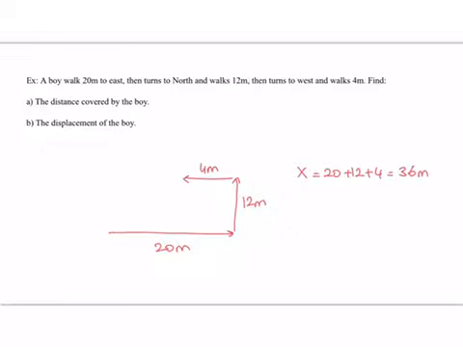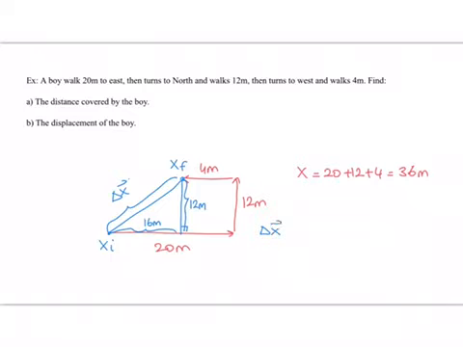For the displacement, let's set the initial and the final positions, and this line represents the displacement. So I draw a perpendicular line and form a triangle. This side has a length of 12 meters and this side has a length of 16 meters. So the displacement will be equal to root of 12 square plus 16 square, which is equal to 20 meters.